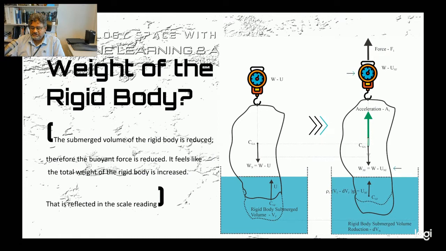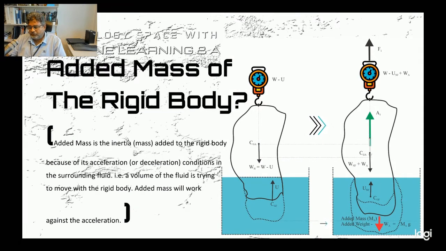Since the rigid body is getting a new weight, that number should also be reflected in the scale reading. So the scale reading will also represent the same number. When you're applying external force and trying to pull that rigid body out of this fluid, as we discussed in the previous case, the first effect is that the buoyant force can be reduced. Because of that, the rigid body can feel like its weight has increased.